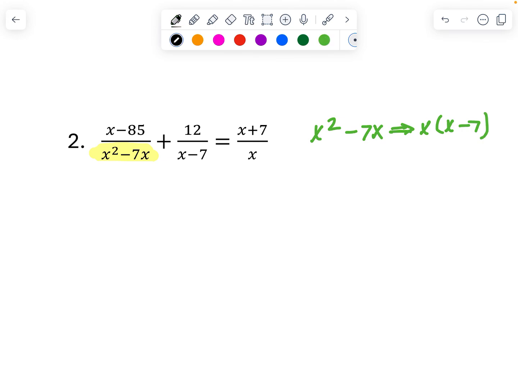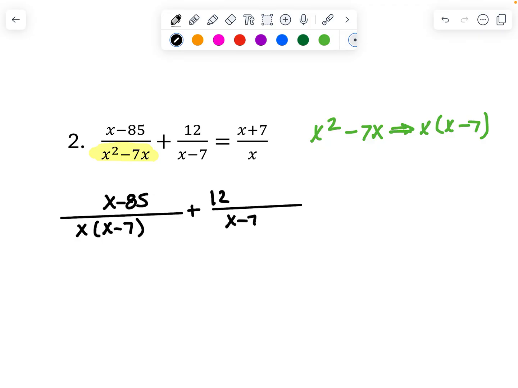Okay, so we have x minus 85 over x minus 7 plus 12 over x minus 7 equals x plus 7 over x.